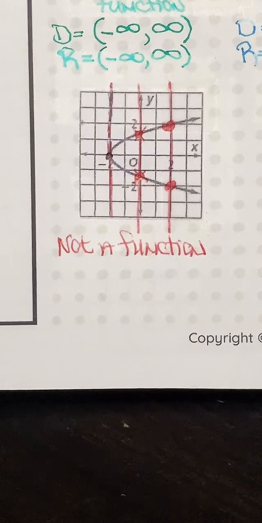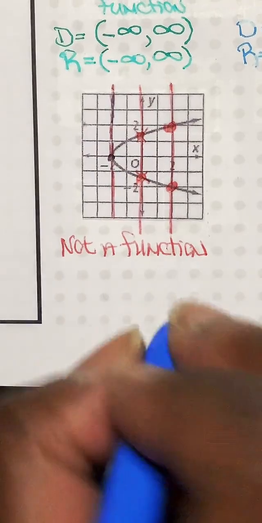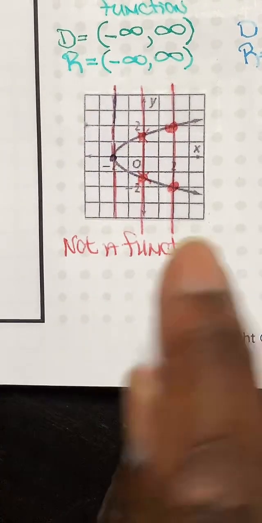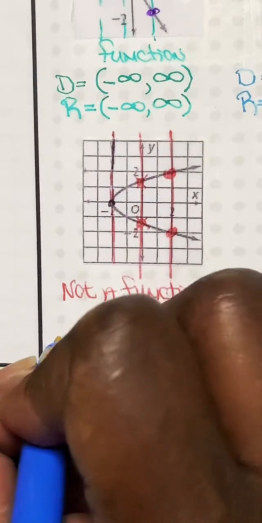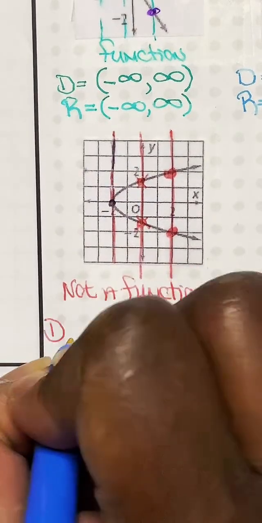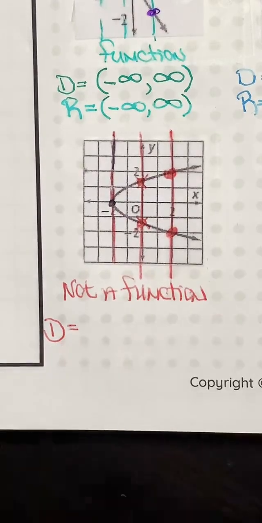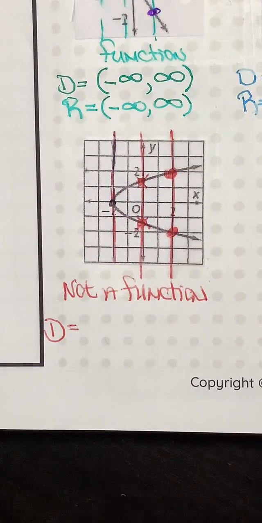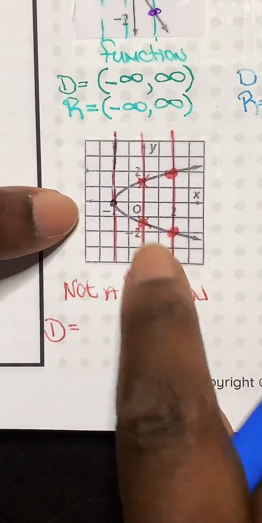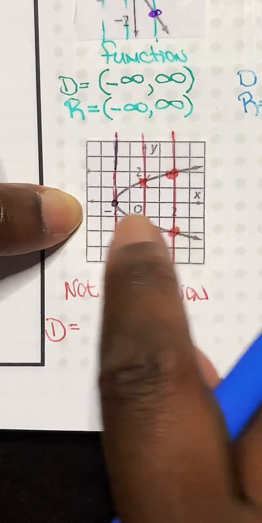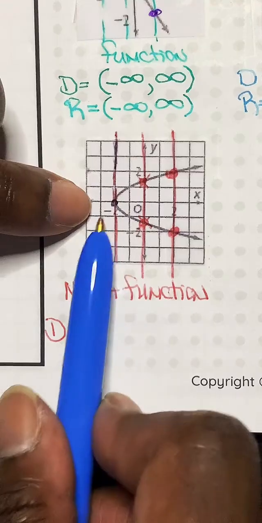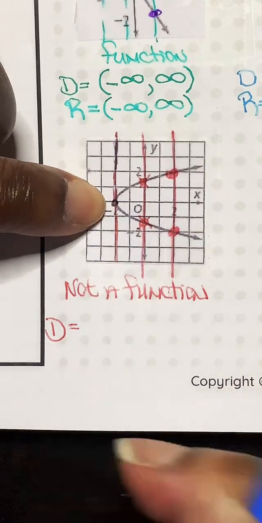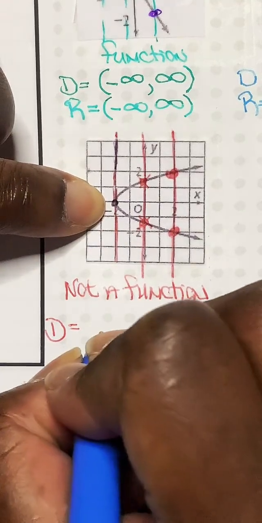Now, although this is not a function, we can still list out our domain. This is going to be a little tricky, but it is possible to list it. Since it's continuous, that means I can use interval notation. Now, the domain is my x's. The lowest x is right here at -1.